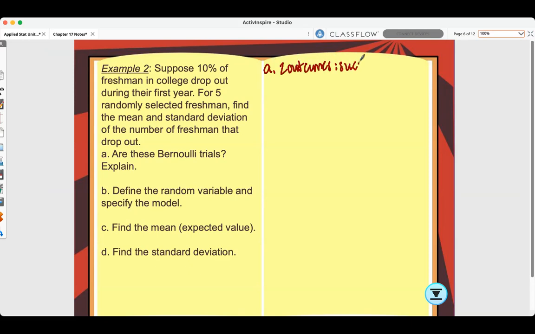Our success is a dropout, because that's what we're looking for. Our failure would be stay in college.